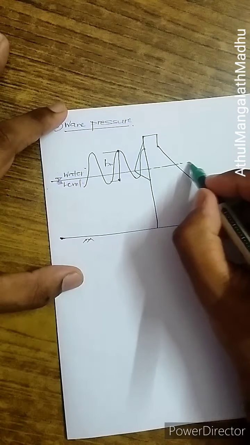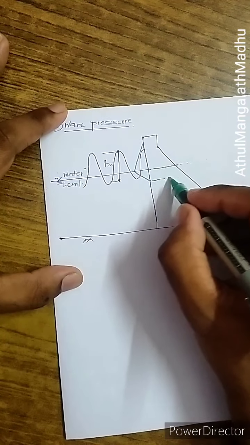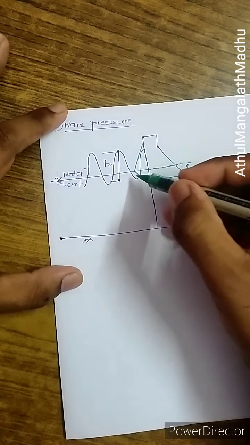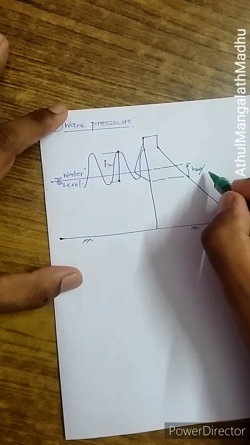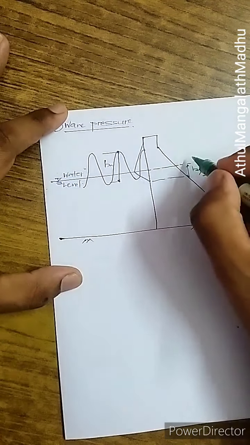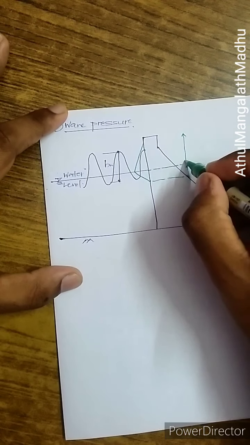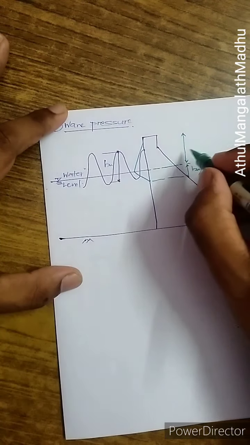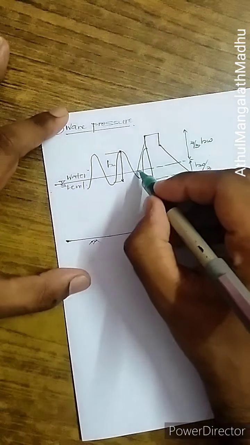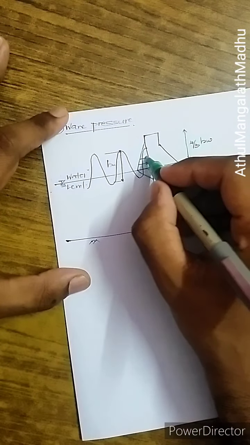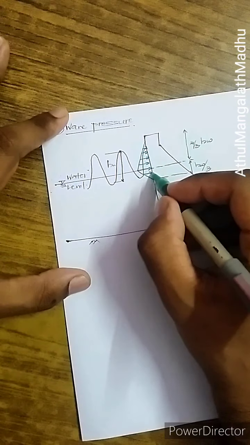This is the water level, and below the water level you have a depth of HW by 3, and above the water level it is going up to about 4 by 3 HW, and the pressure diagram is acting like this.